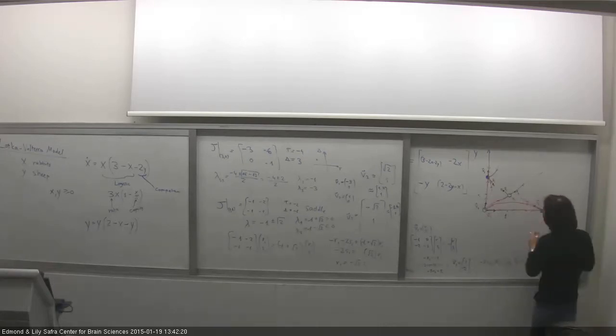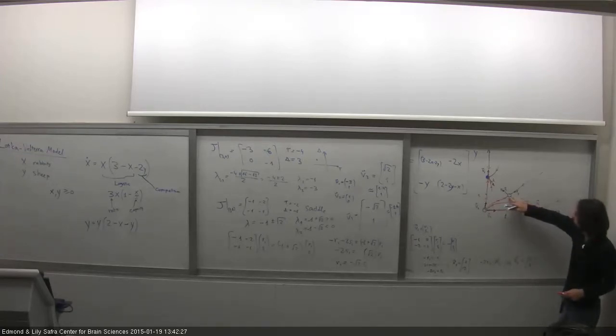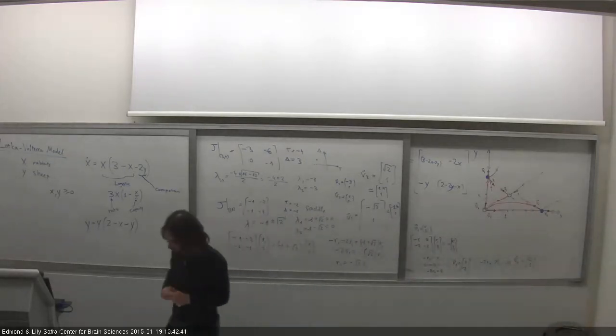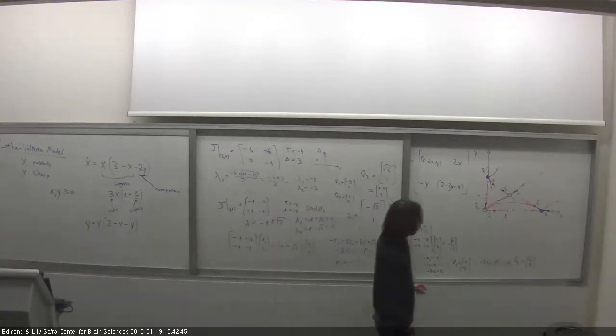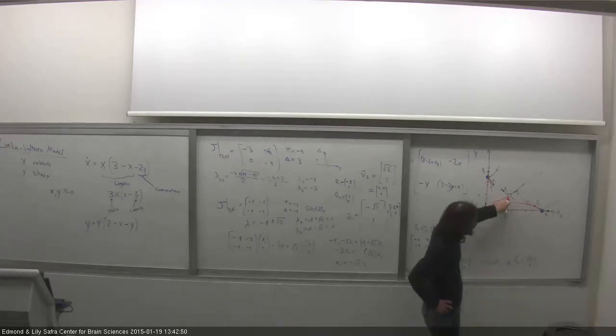Now, also, there is a trajectory going from the saddle into the fixed point, because everything on this side of the saddle should go into that fixed point. And this trajectory, first of all, the trajectory going out of the saddle is the eigen direction.